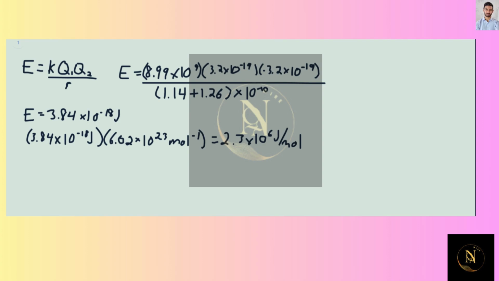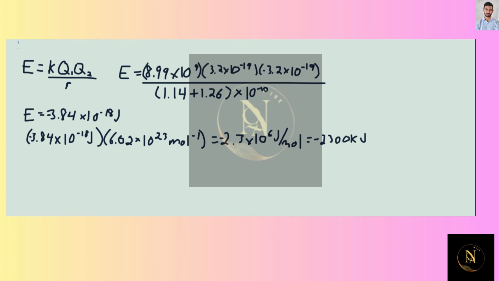So how does this compare to the lattice energy of calcium oxide? Oh, by the way, I forgot to put the minus sign here. So let's just put this as minus 2300 kilojoules per mole.